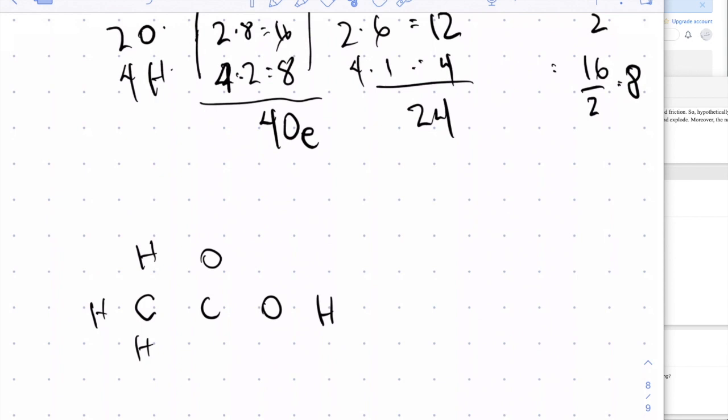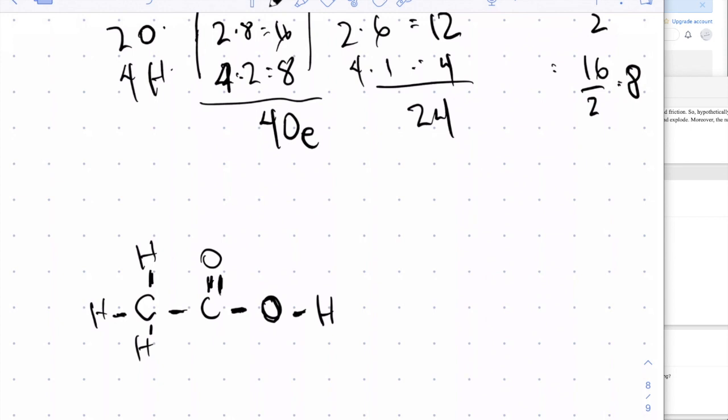And let's go ahead and put our 8 bonds. 1, 2, 3, 4, 5, 6, 7. And we need an 8th bond. And the only place that's logical, oxygen prefers 2 bonds. This oxygen already has 2. So it needs to go here.